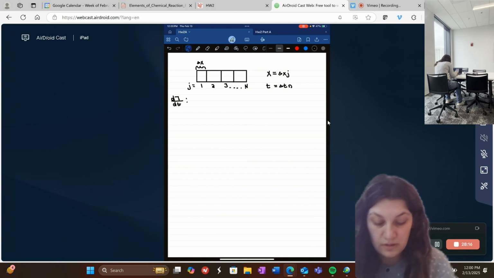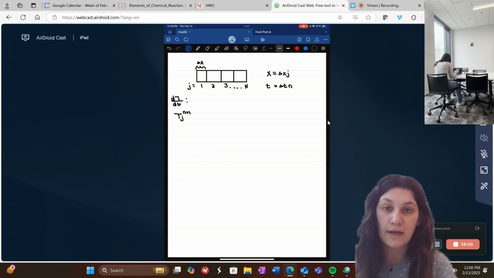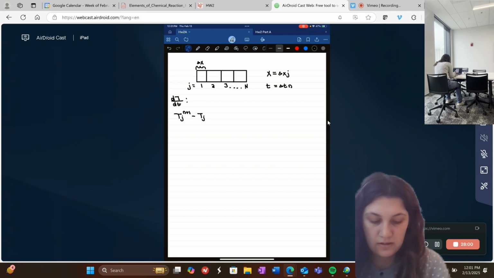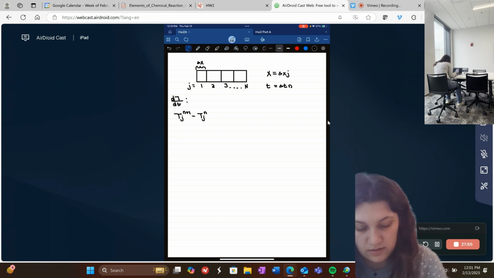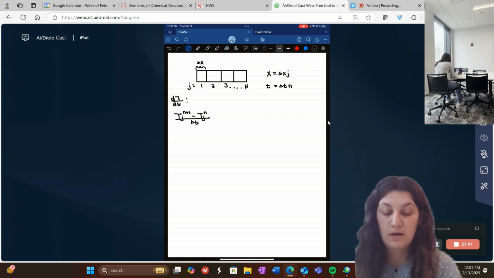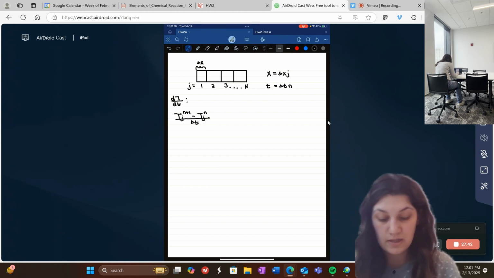And what we can do is say that temperature at position J at n plus 1, so the next time step, minus the temperature at that same position at the current time, so that's the difference in temperature, over delta t, which is change in time. So we have our change in temperature over our time step.